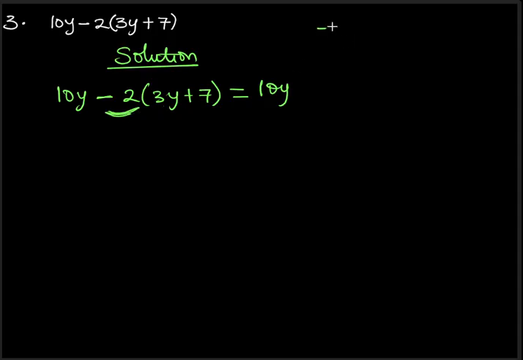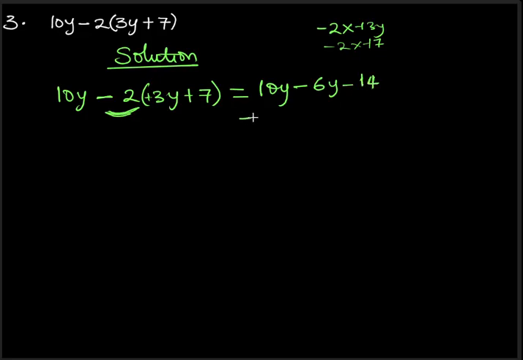So let's see. Minus 2 times plus 3y. What would that give us? That will give us minus 6y. And then minus 2 times plus 7 will give us minus 14.